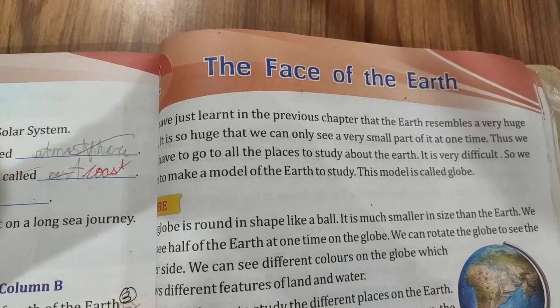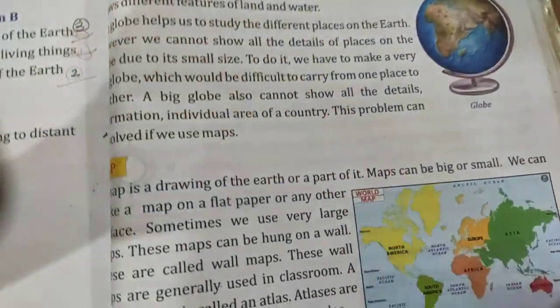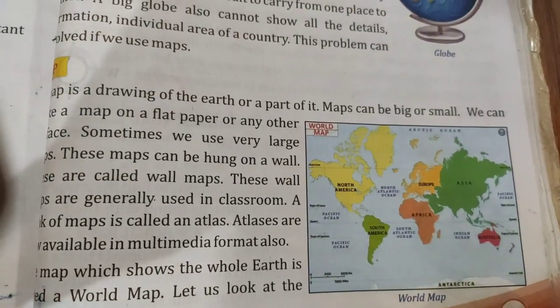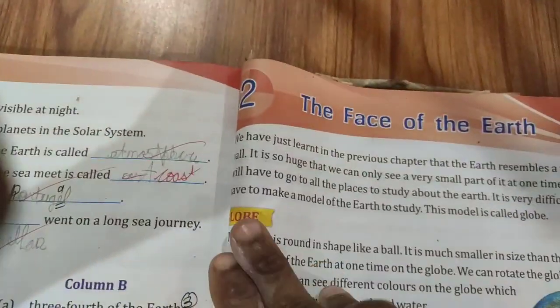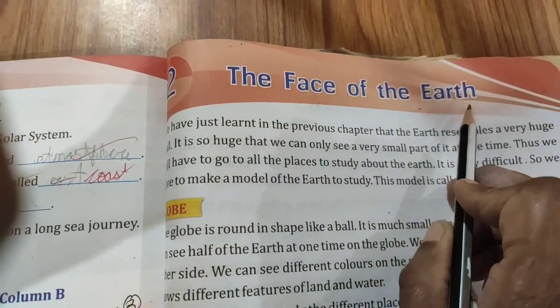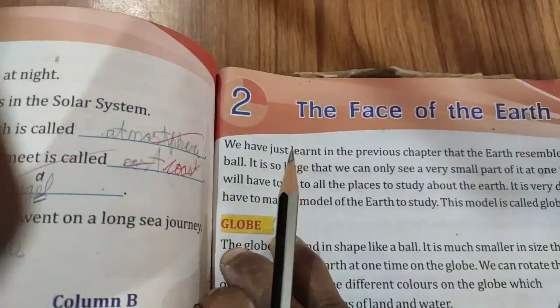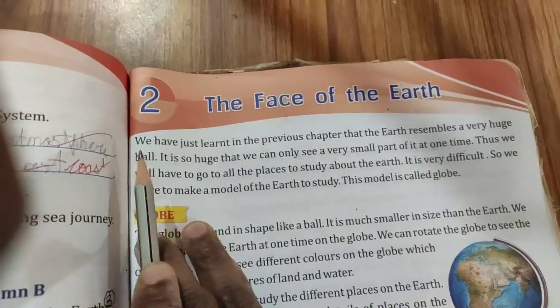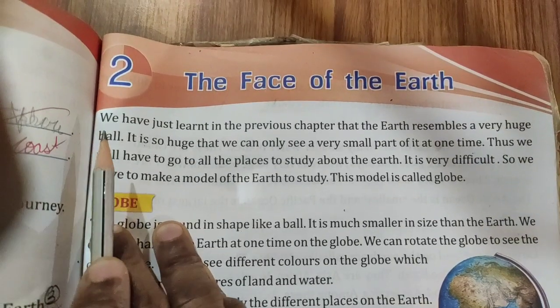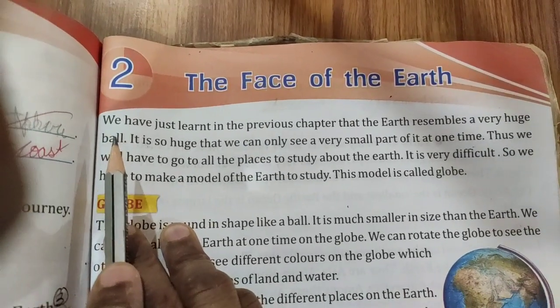So children, everyone open your textbook. So you can see in page number 195. Lesson number 2, the face of the earth. Okay, so we'll start reading the lesson. Listen carefully. You have to practice reading. Okay, lesson reading. So I'm going to start.